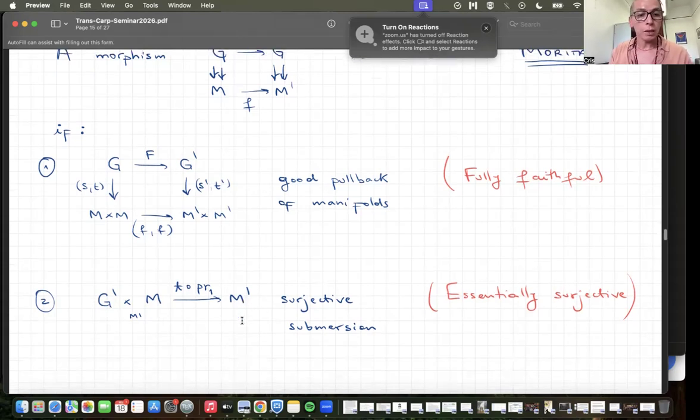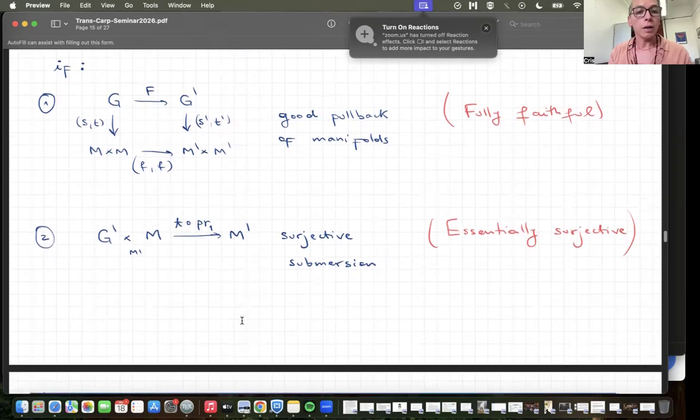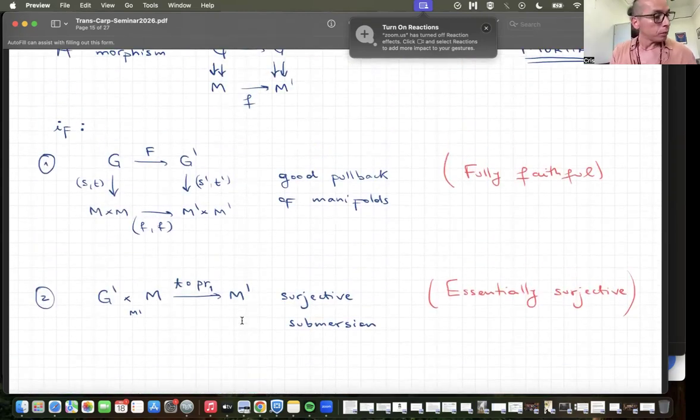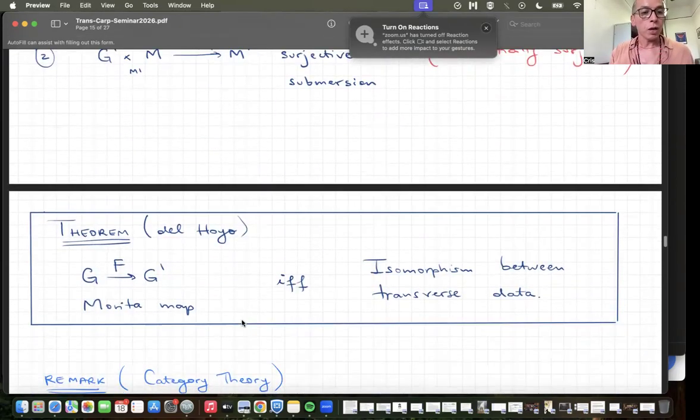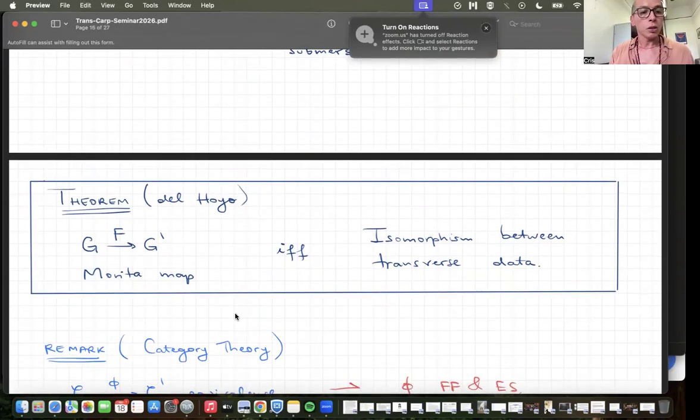So the point is that in category theory, okay, so these are the Morita maps. And there is a very nice theorem by Matias del Hoyo, which tells you that a morphism between Lie groupoids is a Morita map if and only if it induces an isomorphism between the transverse data.